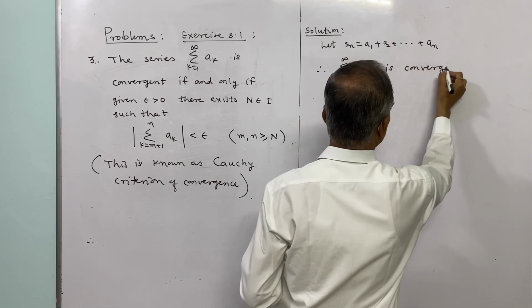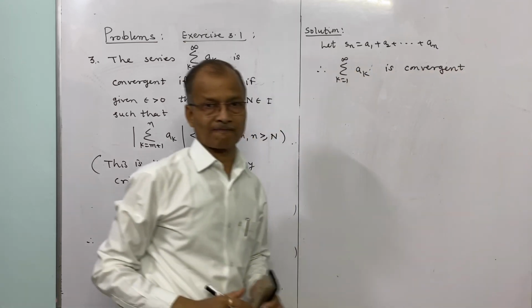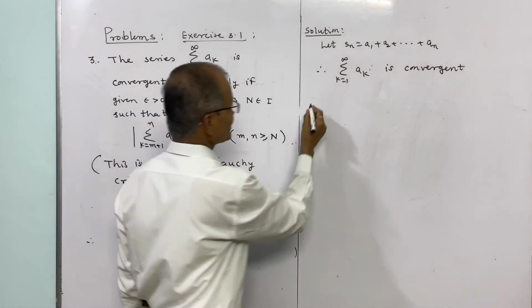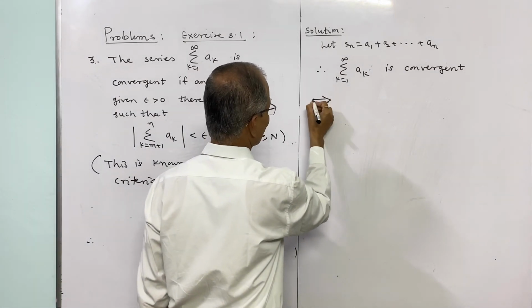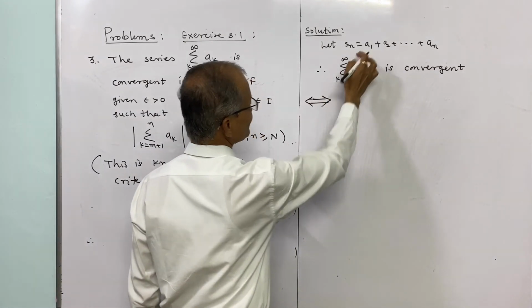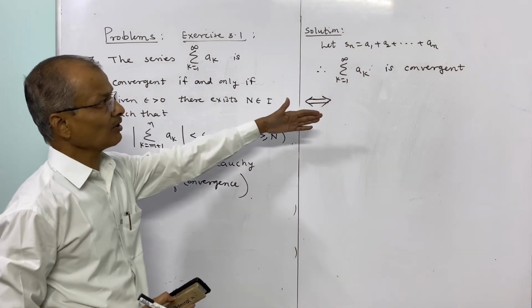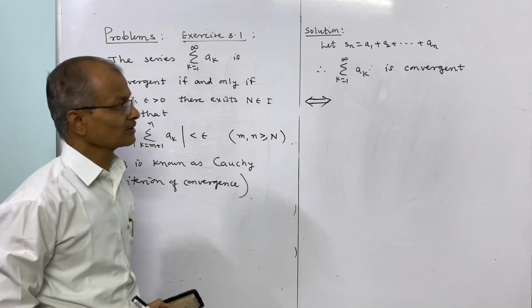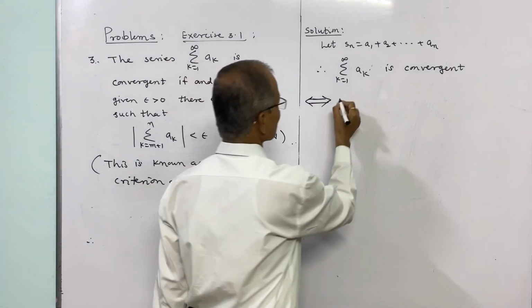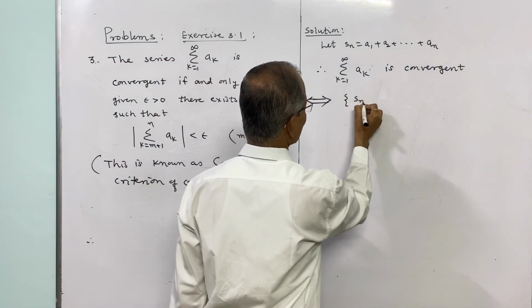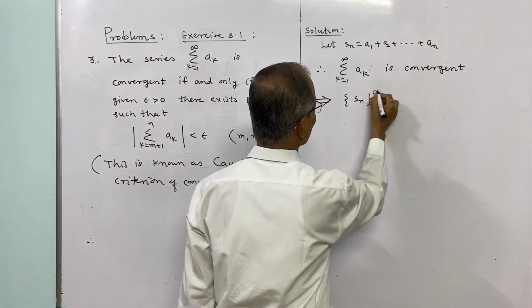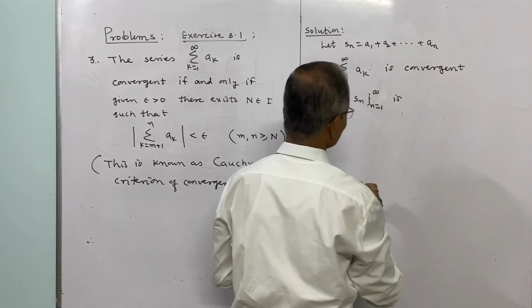We will write the equivalence statement for this. So this implies and is implied by the sequence Sn being convergent, by definition. When we say a series is convergent, the sequence of partial sums is convergent. So Sn, as n takes values 1 to infinity, is convergent.